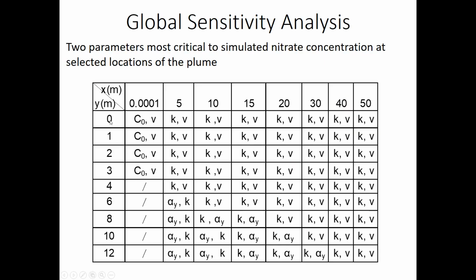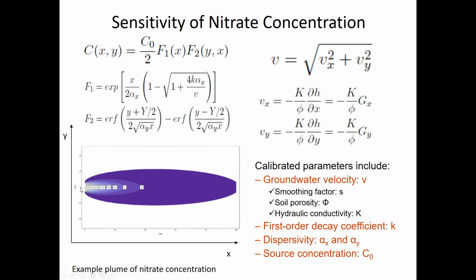And then the y-axis is between 0 to 12. That's essentially between 0 and 12, up to probably 12 is here. Because the concentration is symmetric along y equal to 0 here, we didn't consider the bottom half. We just considered the top half for the sensitivity study. Essentially, these two sides of y equal to 0 are symmetric.